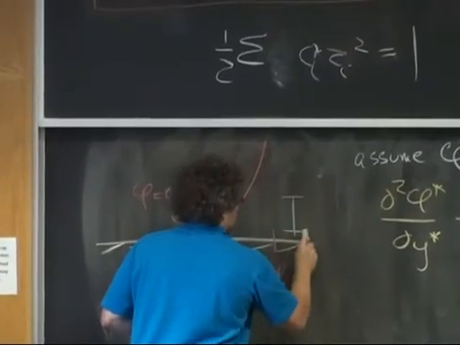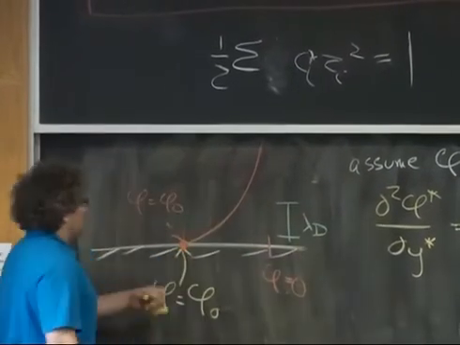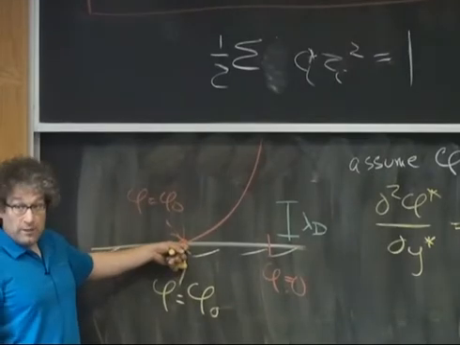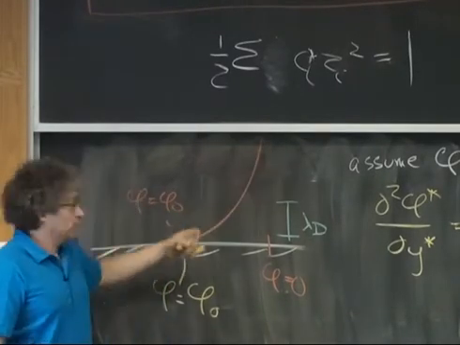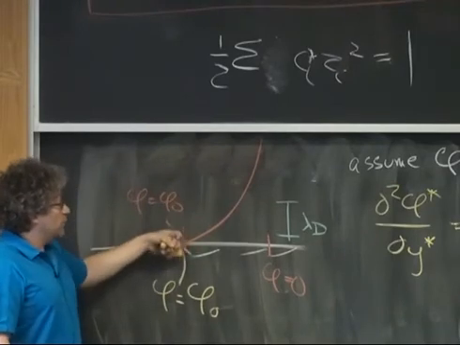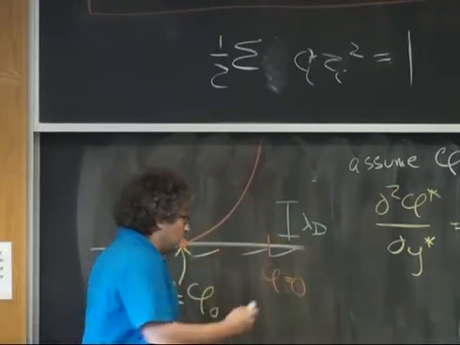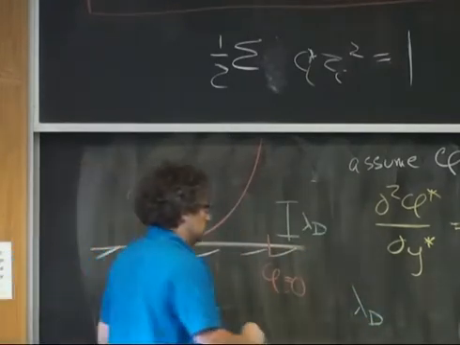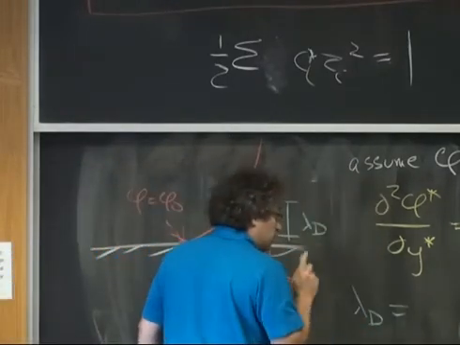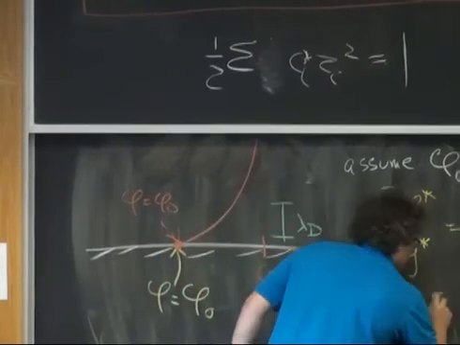I have an exponential decay from a maximum potential at the wall down to a value of 0 at infinity. The characteristic length over which that decays is lambda D, and lambda D is a property of the bulk solution. It's not a property of anything going on at the wall. It's a property of the bulk solution.